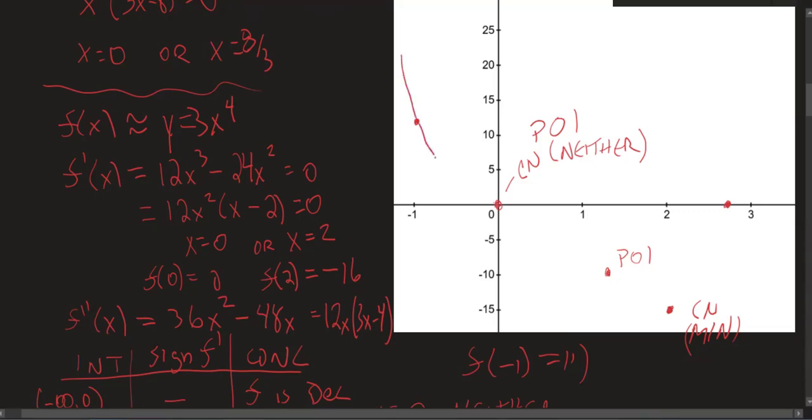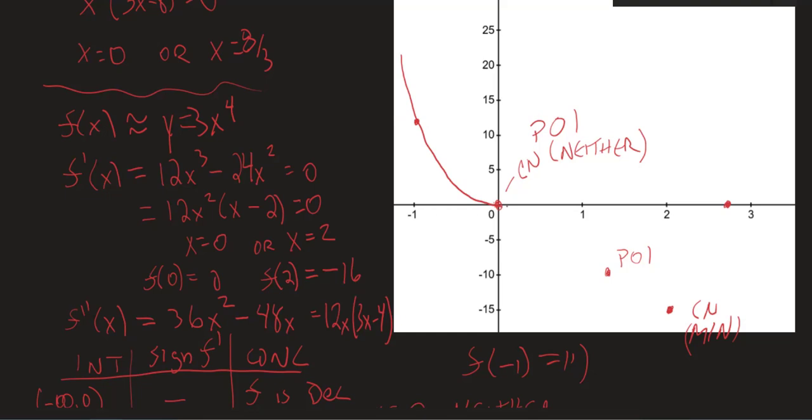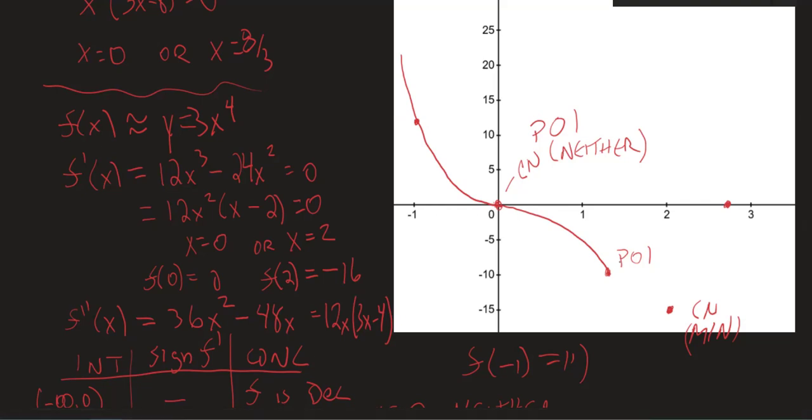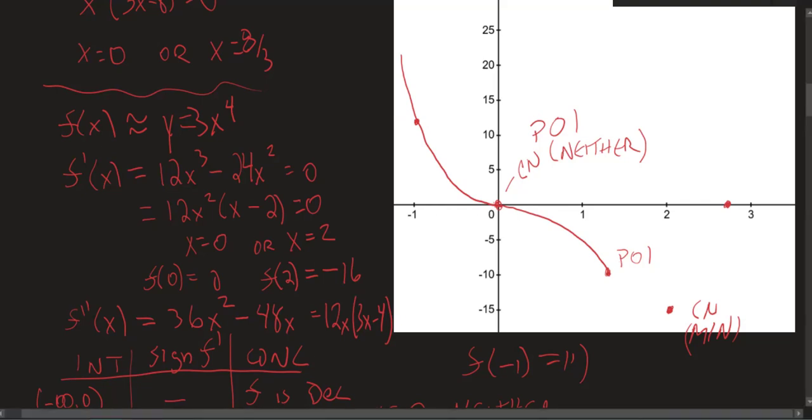So the graph's going to go down and look like a cup. Then from 0 to 4/3 is our next interval. The concavity changes because we have a point of inflection, but you don't have a relative max or a relative min. So it switches from concave up to concave down, but still decreasing. Then from 4/3 to 2, the first derivative is still negative, but the concavity changes again to concave up.